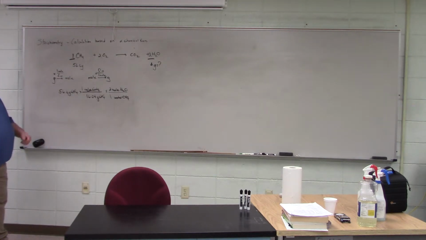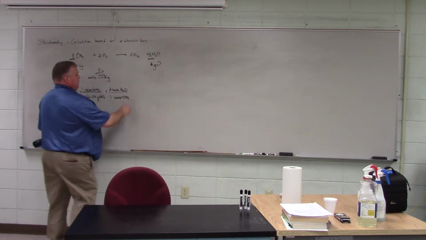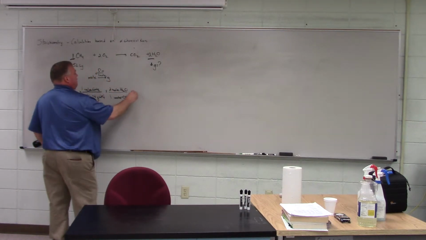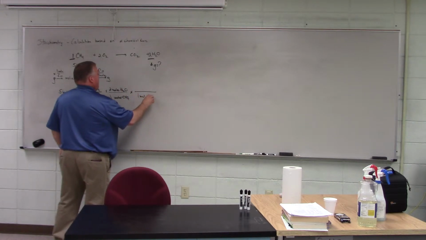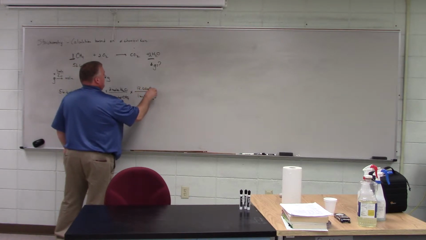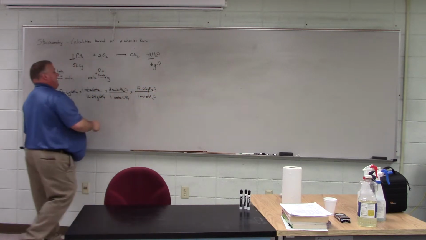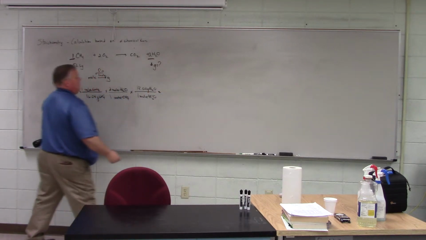Now we have units of moles of H2O, but we're still trying to get to grams of H2O. So we've got to convert from moles to grams, so we multiply by the formula weight over 1 mole of H2O, and that's 18.02 grams of H2O per mole. So that's our equation. And our units would be grams of H2O.